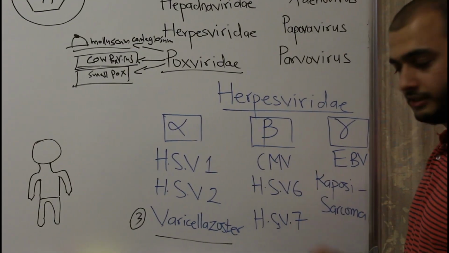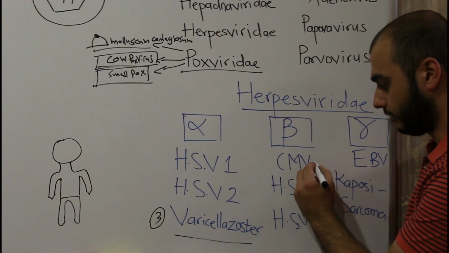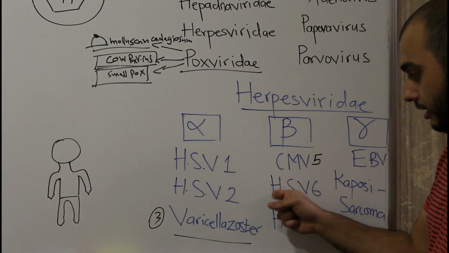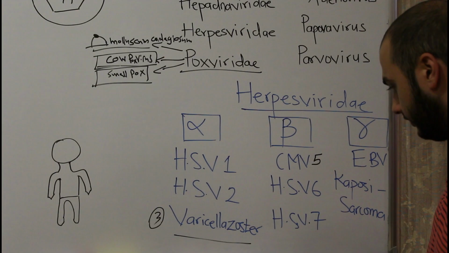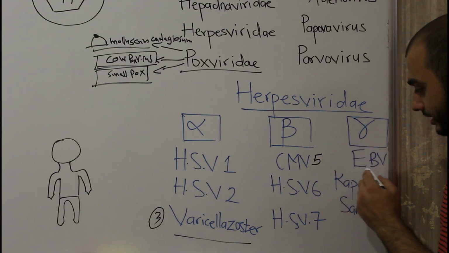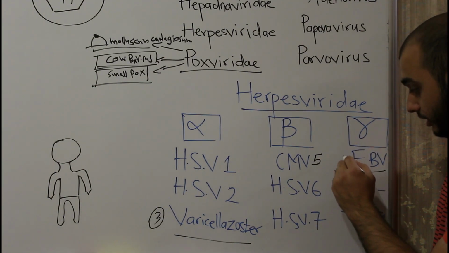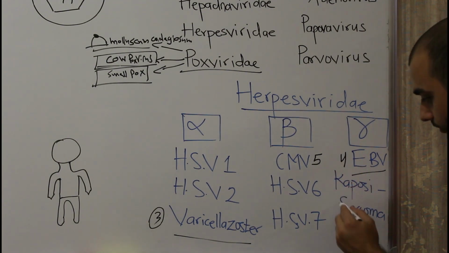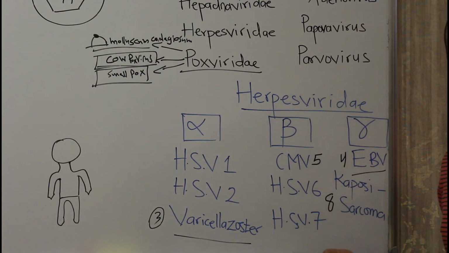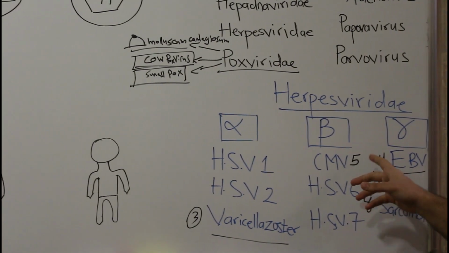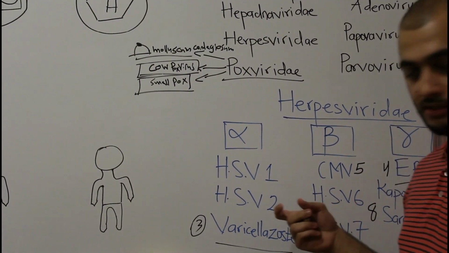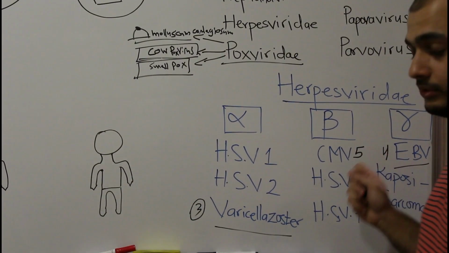Group beta takes cytomegalovirus, number 5, and herpes 6 and 7. And group gamma takes Epstein-Barr virus, number 4, and Kaposi sarcoma, number 8. So remember these numbers, which are very important scientifically.